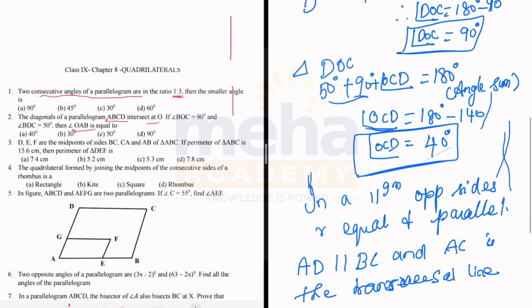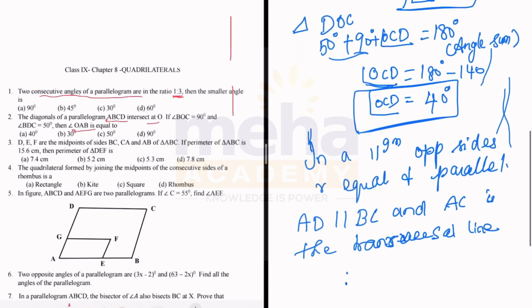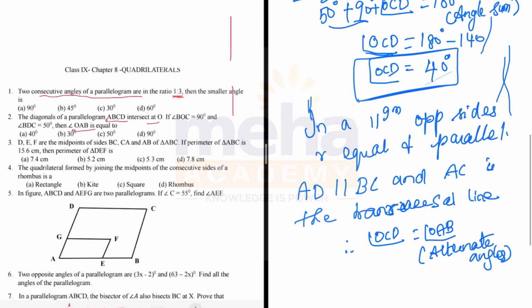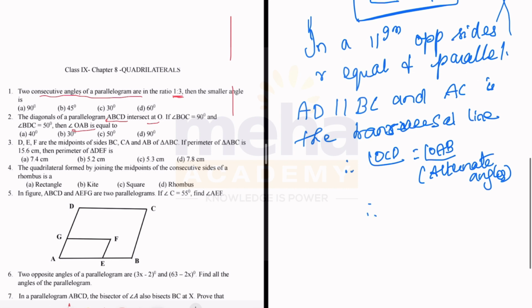So therefore, angle OCD is equal to angle OAB because they are alternate angles, and therefore angle OAB is equal to 40 degree. So the answer is 40 degree. For the first question, the answer is 90 degree.